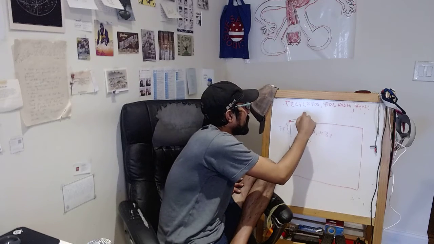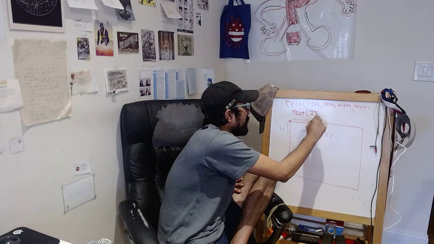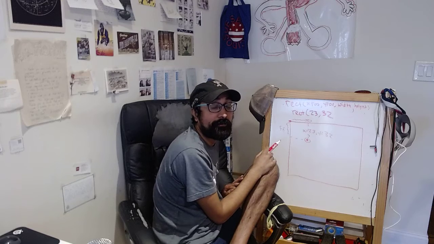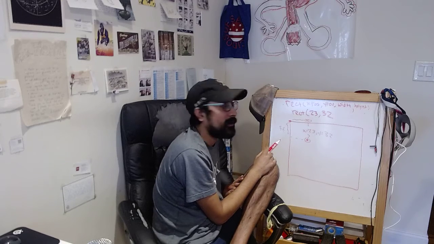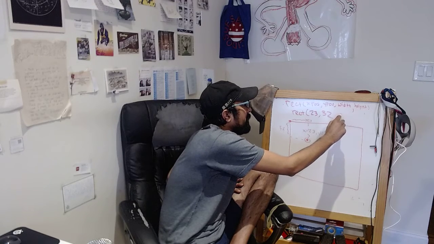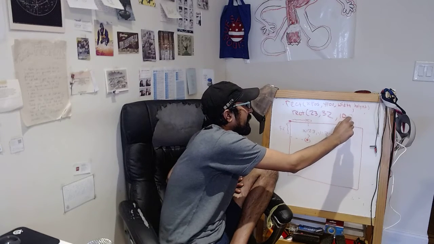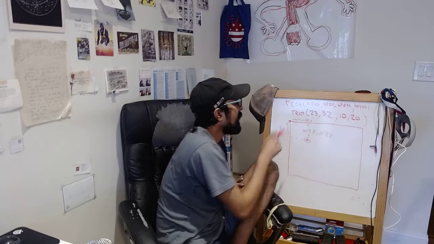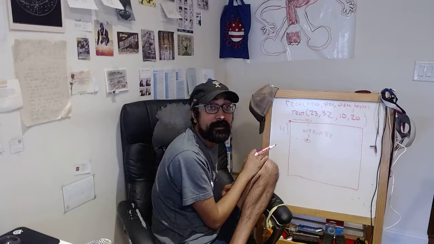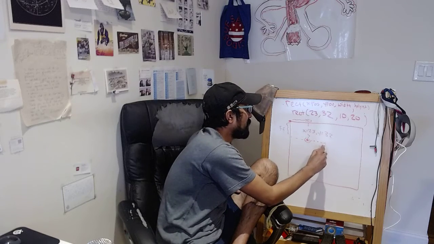All right, so what would that mean in this case? Well, if I said something like rect(23, 32), that would put the top left corner of the rectangle at 23, 32. And then if I said I want a width of 10 and a height of 20, what that would do is, well, maybe that's something for the reader.